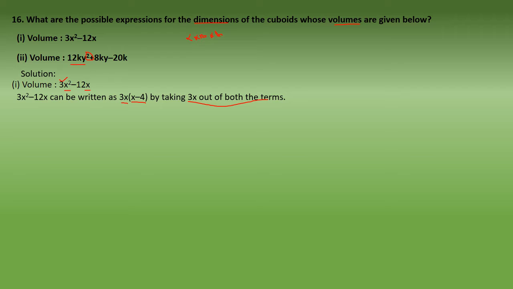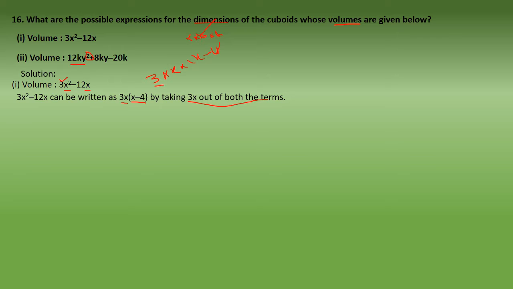So we get 3 into x into x minus 4. We get three terms in multiplication, which is exactly our formula.